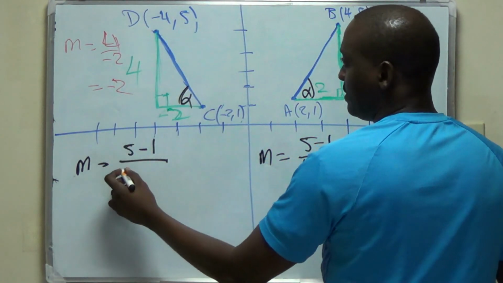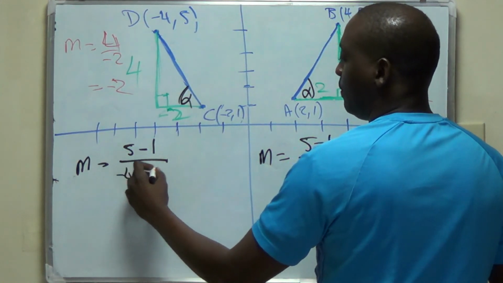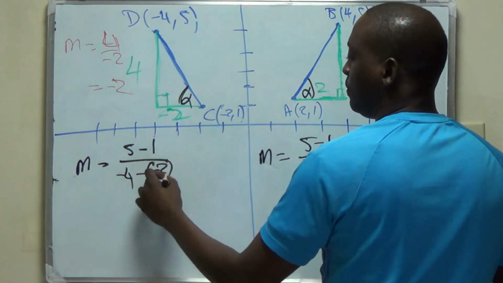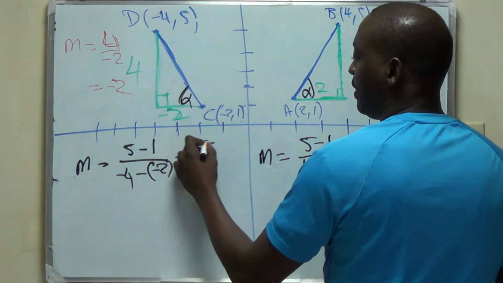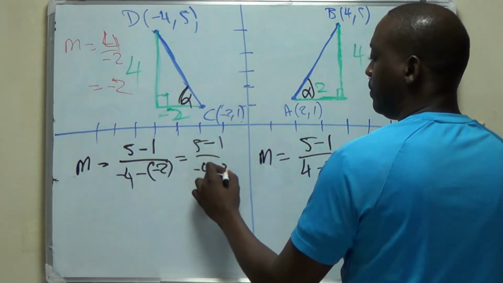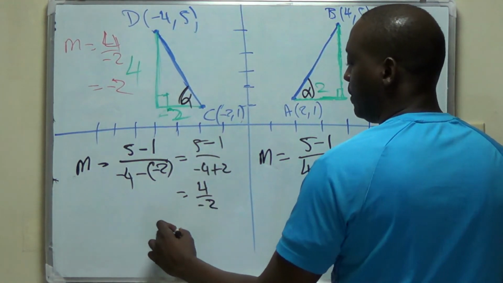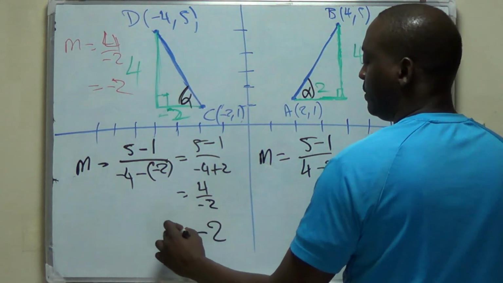We had to keep the points consistent now. Minus 4 minus, watch it now, minus 2, which would be 5 minus 1 over minus 4 plus 2, which would be 4 over minus 2, which would be, guess what, minus 2.